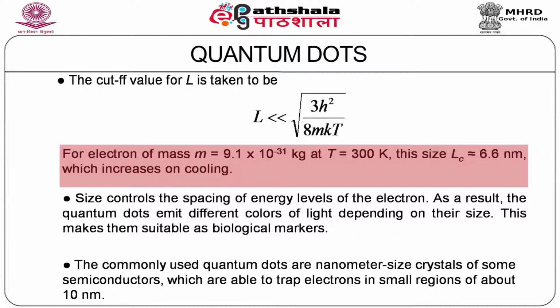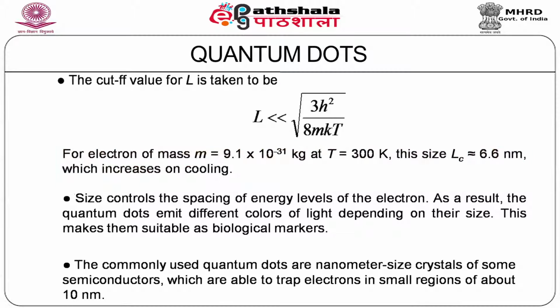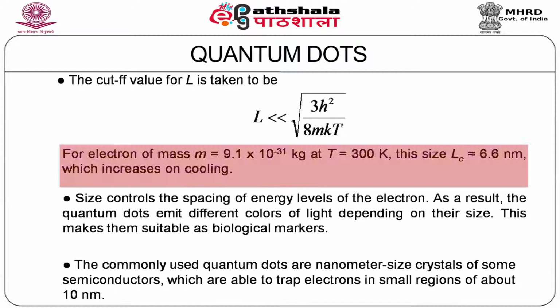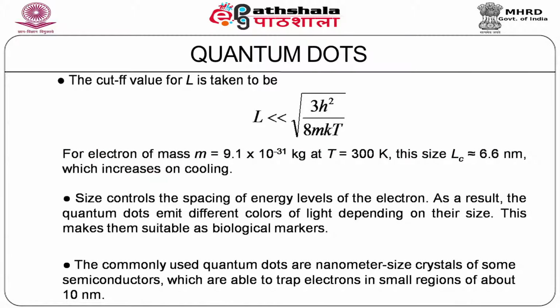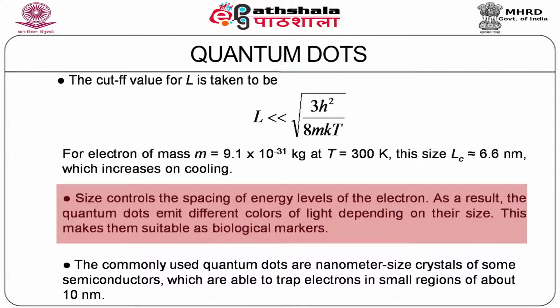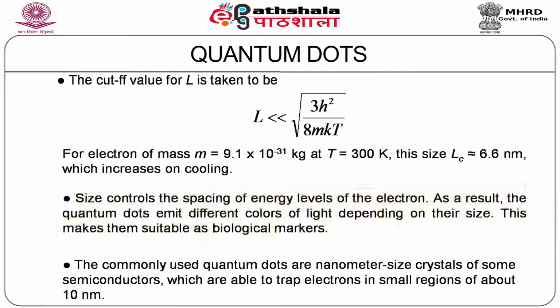So this is something like a point. When we talk about a quantum dot, you're talking about a rectangular potential well which has a very small width of about 6.5 nanometer, or roughly speaking, within 10 nanometers. So this is the typical length of a quantum dot. The next point, the size controls the spacing of energy levels of the electron.